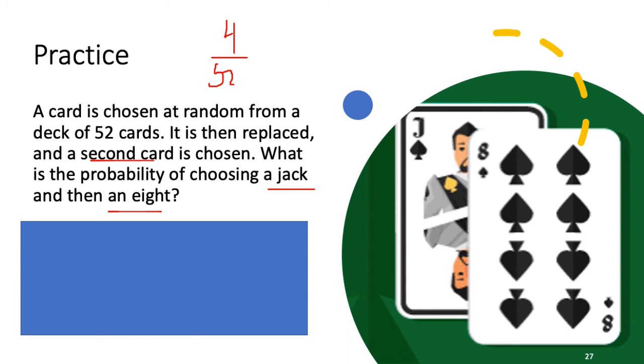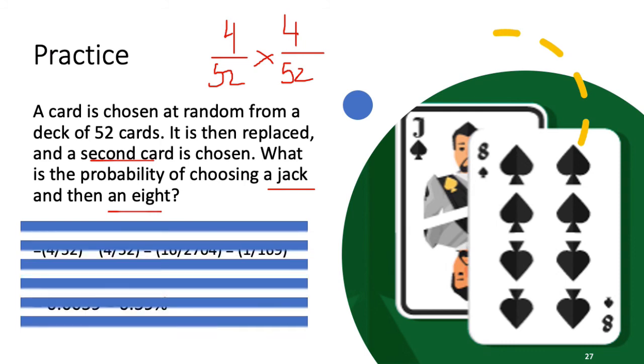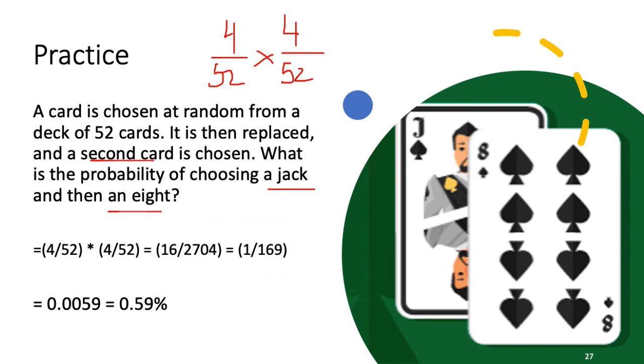If we take the card and replace it back in the deck, the probability that the next card we choose is an 8, there's again 4 8s in the deck out of 52. So what is the probability of choosing that specific ordering of events? It's going to be 16 out of 704, which is 1 out of 169, which is approximately 0.59%. Very unlikely.